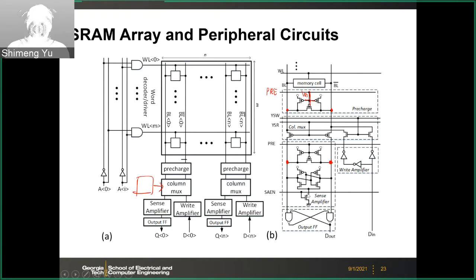This inverter is gated, blocked by the sense amp enable signal. So here you have an NMOS transistor to connect this latch to ground. But before the sense amp enable, this is disconnected.